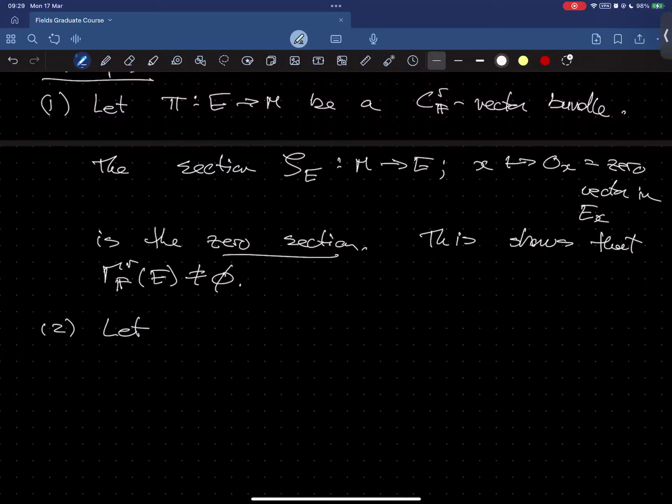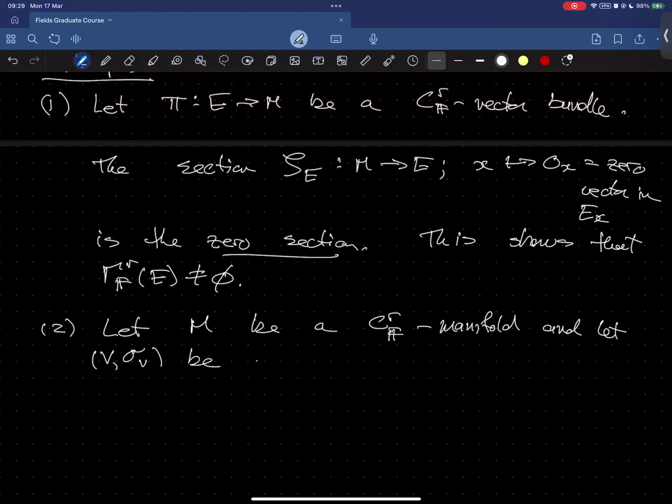All right, so now let's look at another example. Let M be a CR manifold, and let V be a locally convex space. We talked about this when we talked about examples of vector bundles.